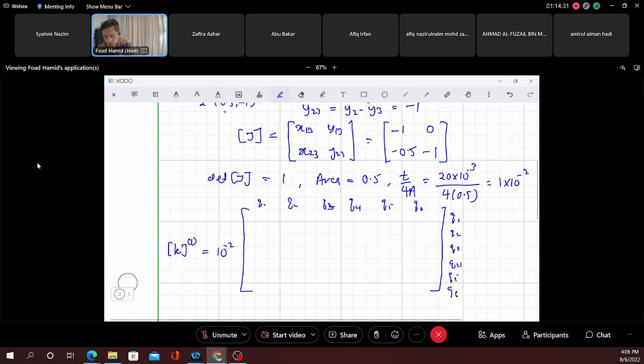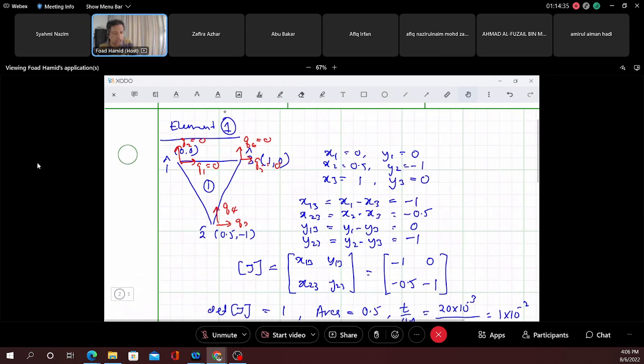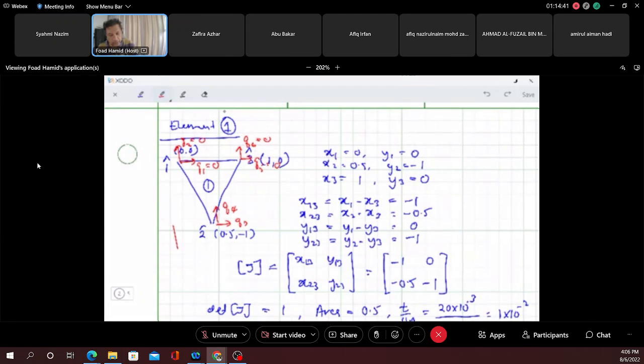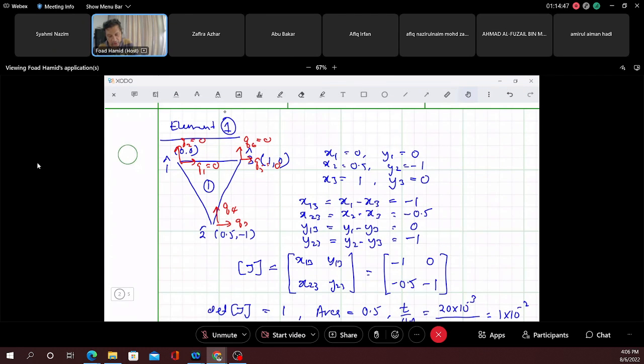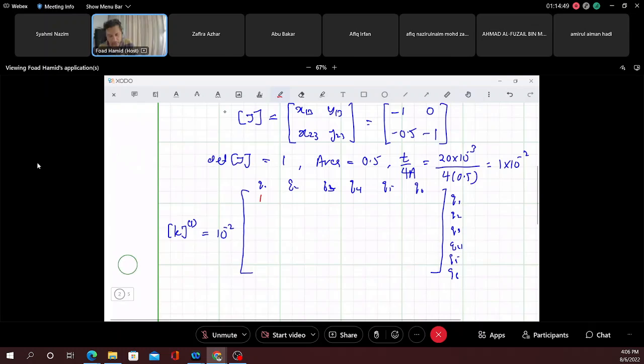But note that we are not interested in Q1 and Q2 because they are zeros. There's no displacement at all because it is fixed. So we are not interested in this column and this column. Note in this question, it is not asking you to find the reaction, right?